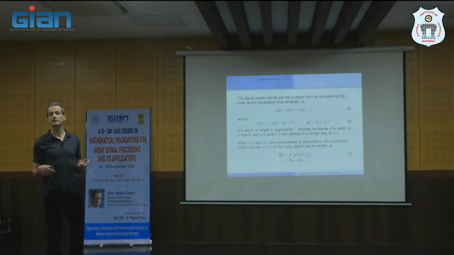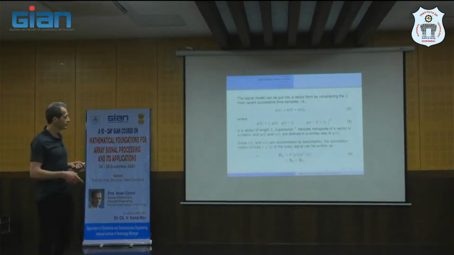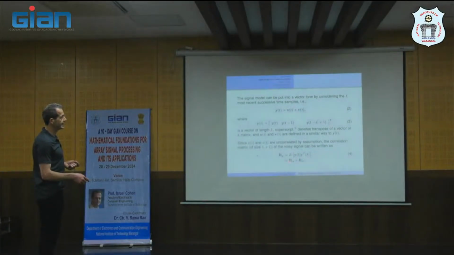Correlation is on average. So we have the expectation of y y transpose. It's transpose because we deal with real signals. And it equals the correlation, because we assume that the desired signal x and the undesired interference v are uncorrelated.